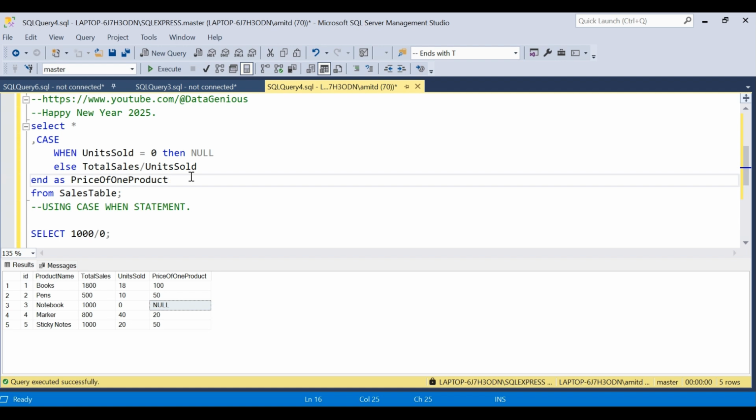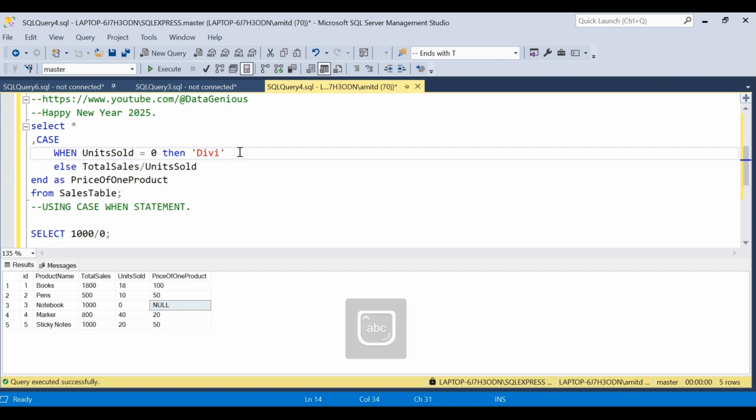Now you may have in your mind that you want this null to be replaced by a proper definition like divide by 0 error. I want this statement in the output. So as I discussed a few minutes back, we cannot mix up the data types.